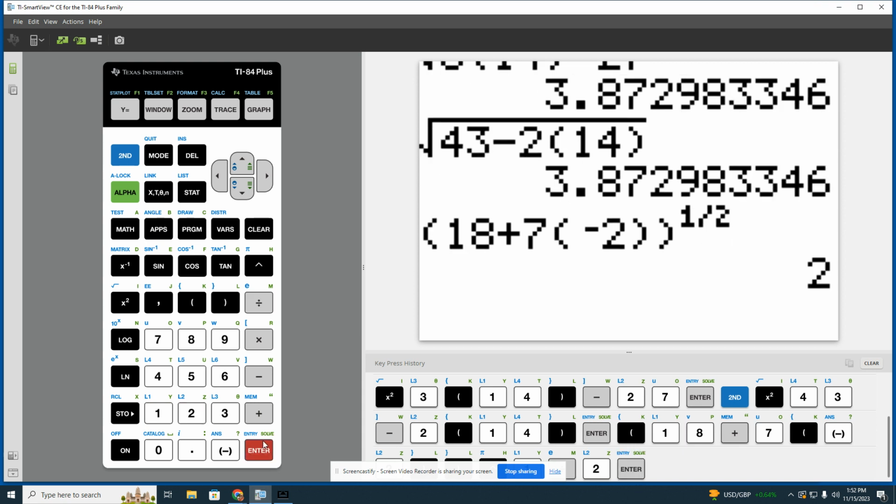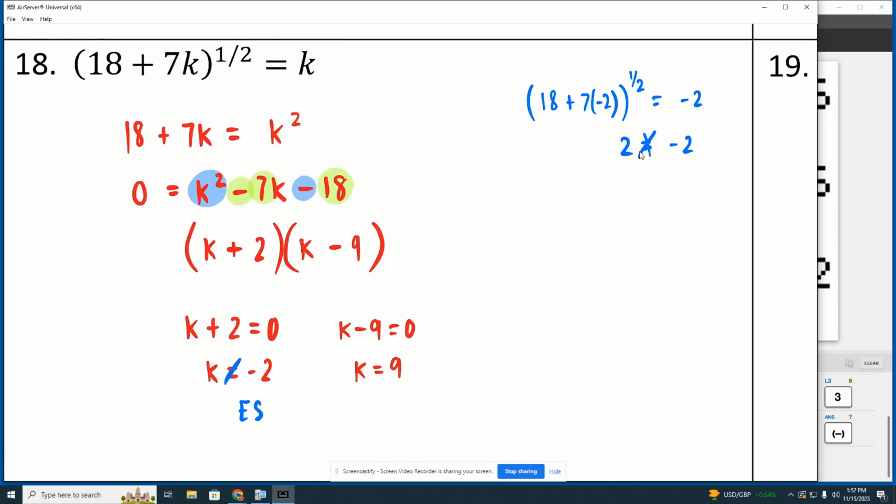I get 2. Now let's go to the other side, where we just type in k, which is negative 2. Guys, does 2 equal negative 2? No, it does not. Since 2 does not equal negative 2, negative 2 as a solution is extraneous.